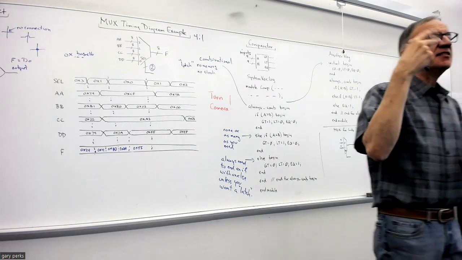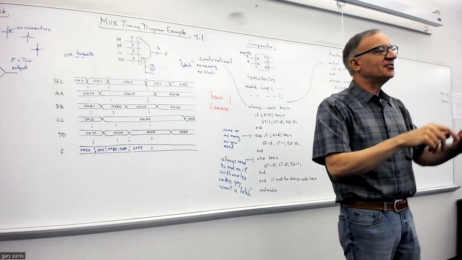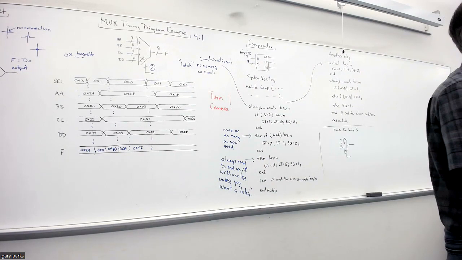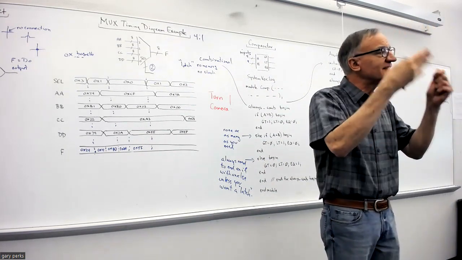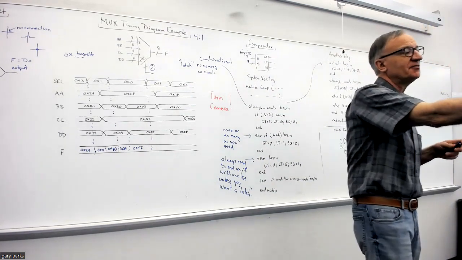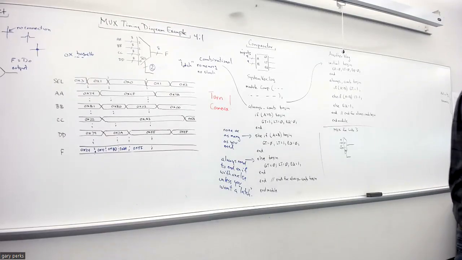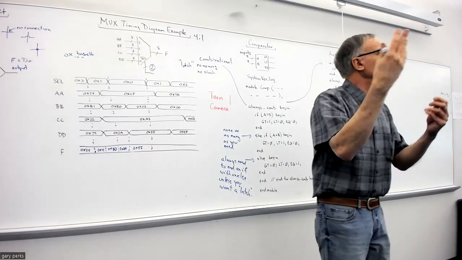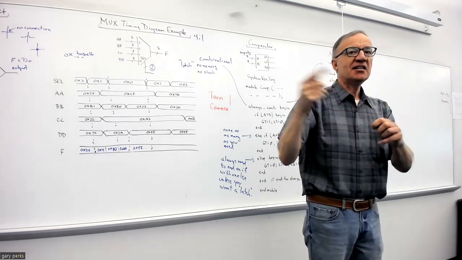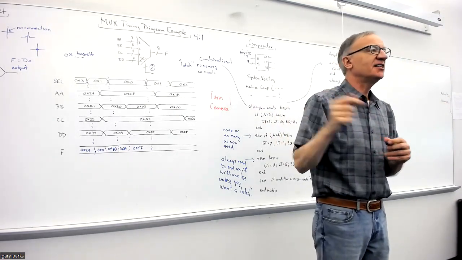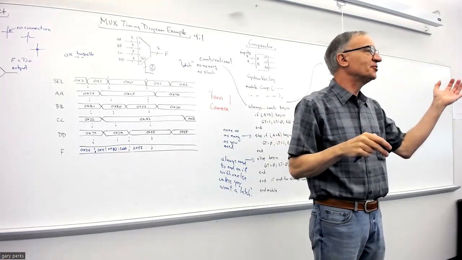Now, in this class, because the designs are relatively simple compared to the microprocessor that you do next quarter in CPE 133, you could possibly create an unintended latch in one of our designs, and it would still work the way it's supposed to work.